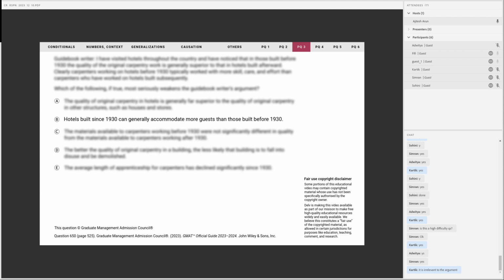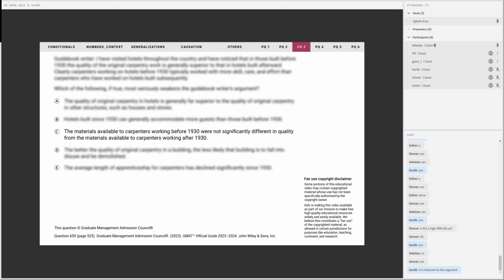Good. Now, a very interesting option, C. The materials available to carpenters working before 1930 were not significantly different in quality from the materials available to carpenters working after 1930. What do we think about this one? So I think this is in a way strengthening the argument, not weakening it, because here we are comparing the quality of construction or the skills of the carpenters.